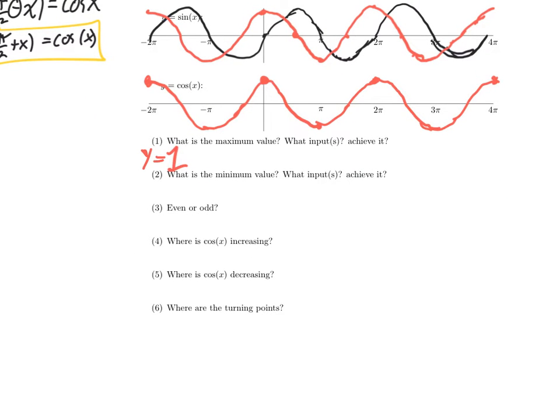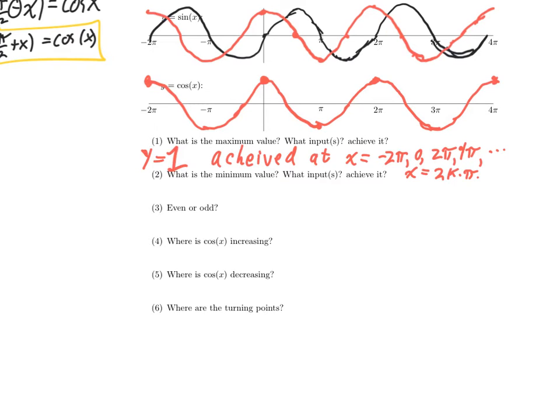So the max value is y equals 1, achieved at x equal to negative 2 pi, 0, 2 pi, 4 pi, and so on, in general at x equal to any even multiple of pi. So anything that looks like 2k times pi, 2k being any even number, so any even number times pi.